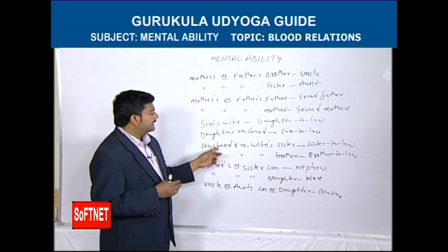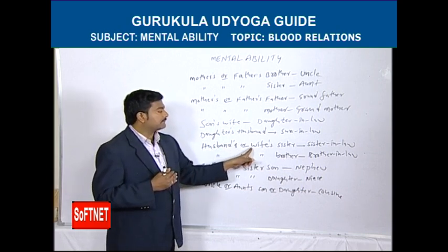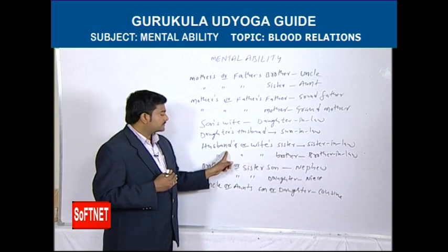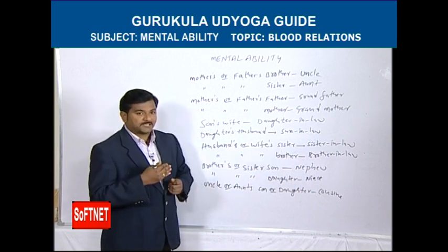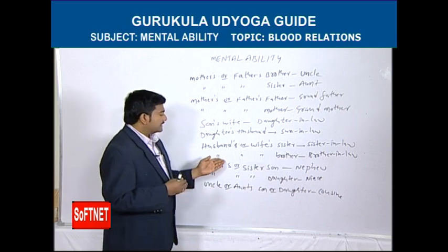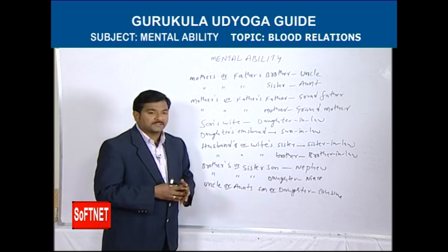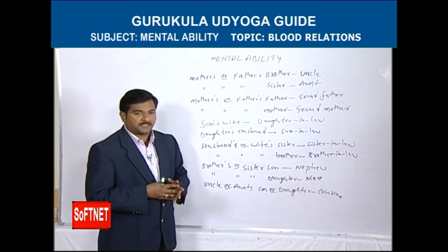Okay, similarly husband's or wife's sister, so we can call it as sister-in-law. Similarly husband's or wife's brother, so we can call it as brother-in-law.